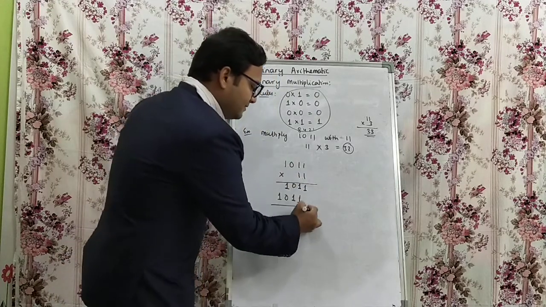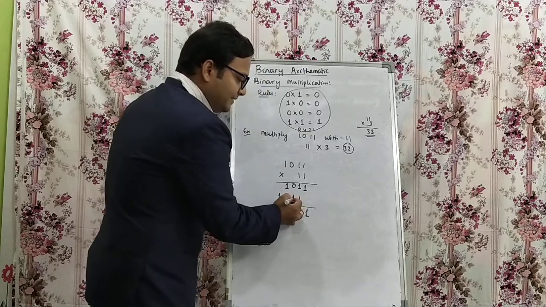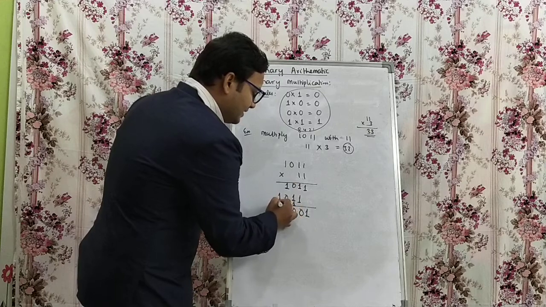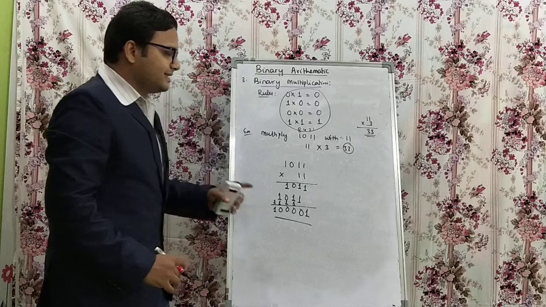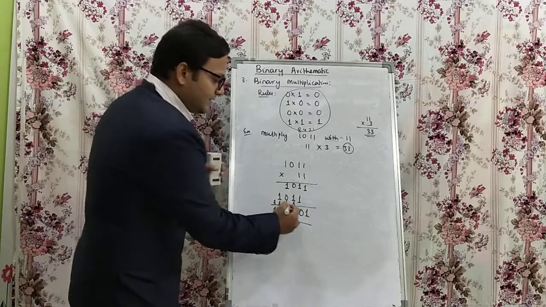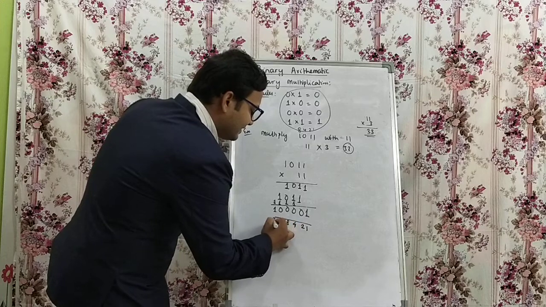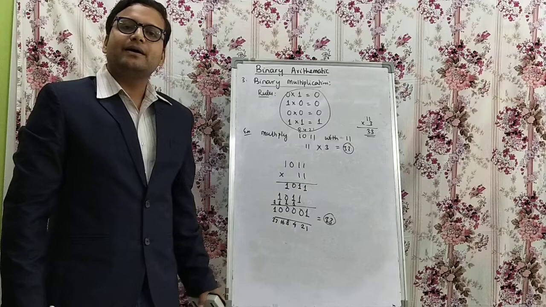You have to add. This is 1, 1, 1, 0. Next carry 1, 1, 1, 0. So you can see, is it 33 or not? So again the same thing, take the weightage 1, 2, 4, 8, 16, 32. 32 plus 1, which is 33. This is the way you can perform the multiplication.